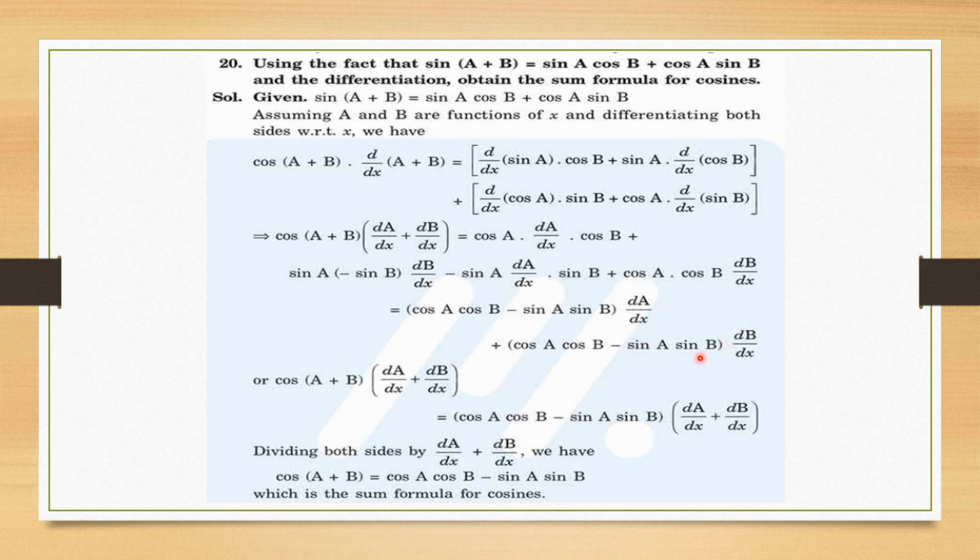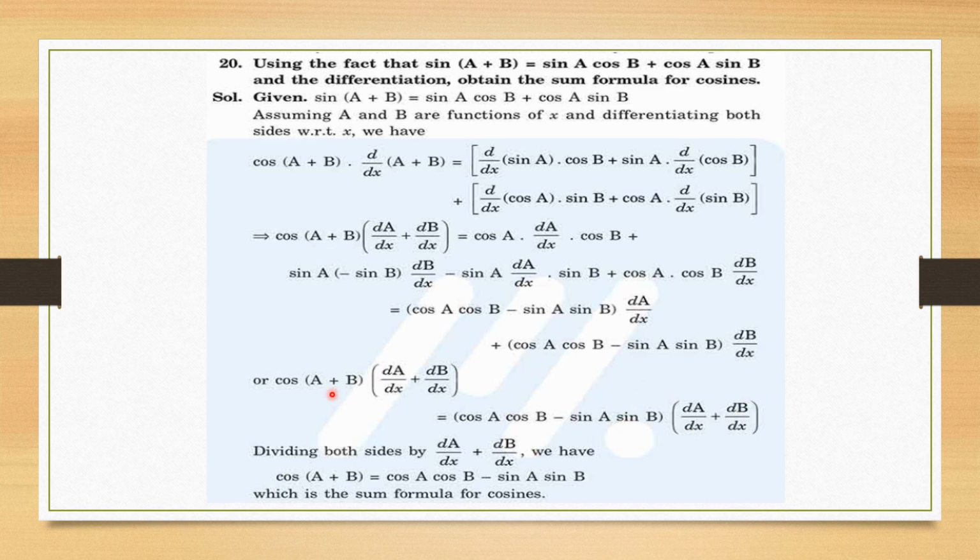Now, this term separation gives me cos of a plus b into dA by dx plus dB by dx equal to cos a cos b minus sin a sin b times dA by dx plus dB by dx. When we separate it, we will find that a common factor is coming out of these terms, so it becomes like this.